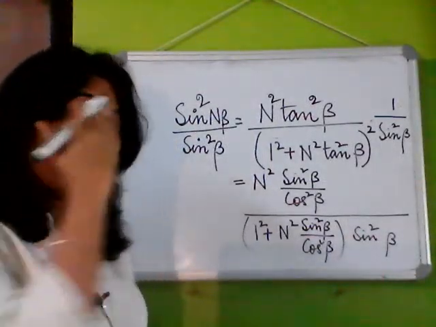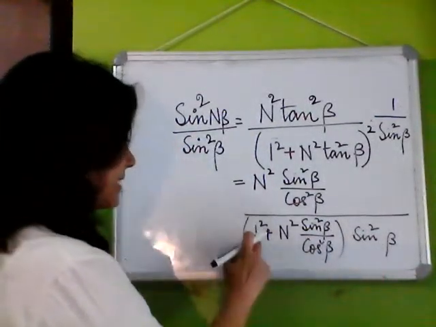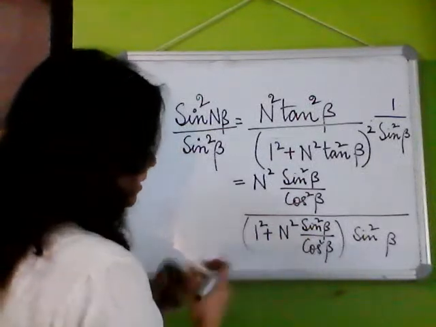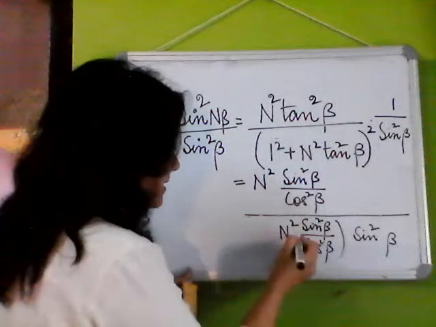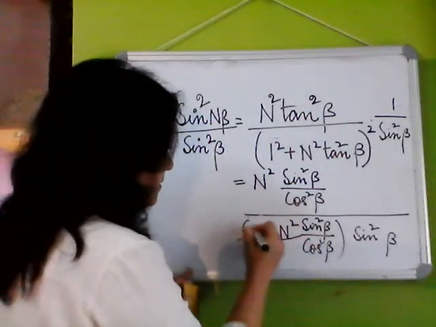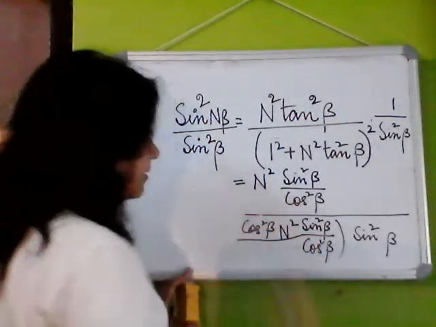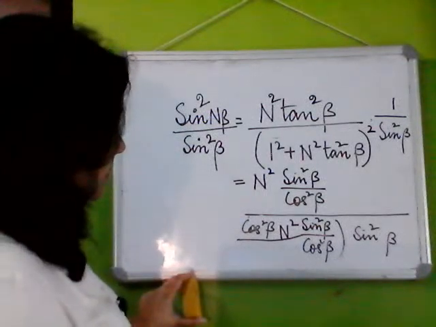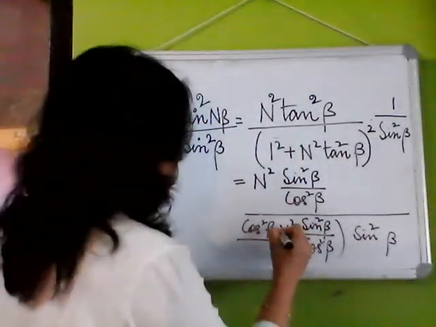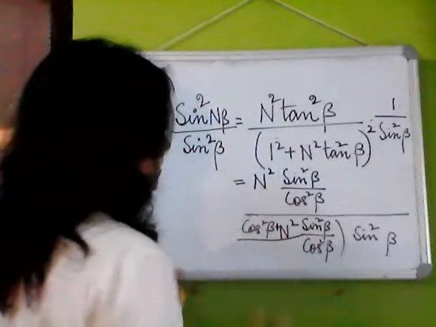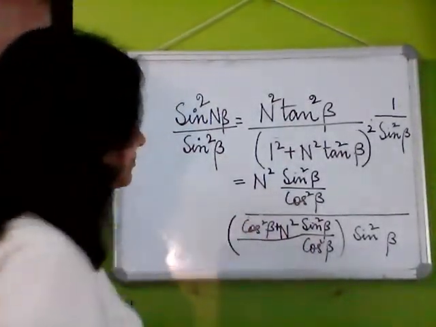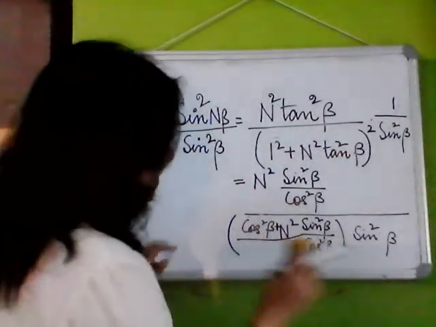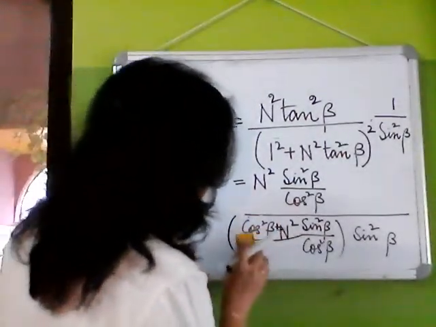Okay, now let me take the LCM, which means I will take this LCM over here. So I hope all of you will agree that if I write this as cos square beta, what was that? Did I have a plus here? Yes, I had a plus here. Okay, so see, let me write it a little more clearly then.